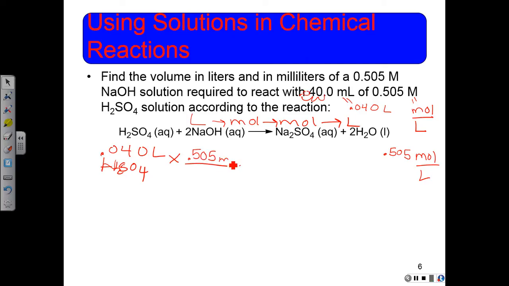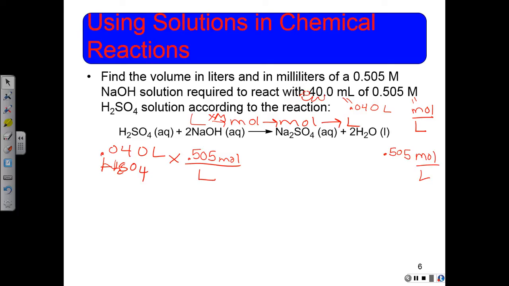So we took liters times molarity, and got moles. Instead of going from grams to moles, we use the volume and the concentration in molarity to get to moles.